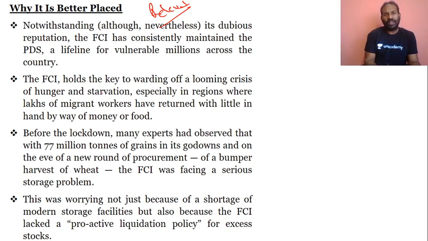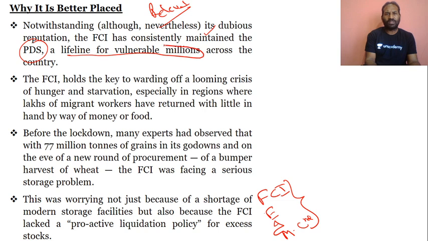Now we will look at why it is better placed. Even though we have seen FCI as Food Corruption of India, expensive, inefficient, a monstrous creature, in spite of that, FCI has consistently maintained the PDS. That is very important, and PDS is a lifeline for vulnerable millions across the country.